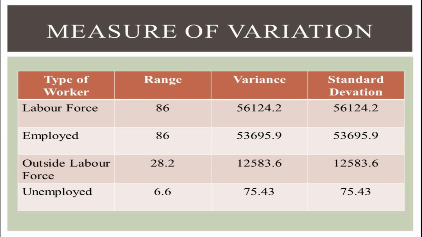For outside labor force is range at 28.2, and variance at 12,583.6, and standard deviation at 12,583.6. For unemployed is range at 6.6, and variance at 75.43, and standard deviation at 75.43.